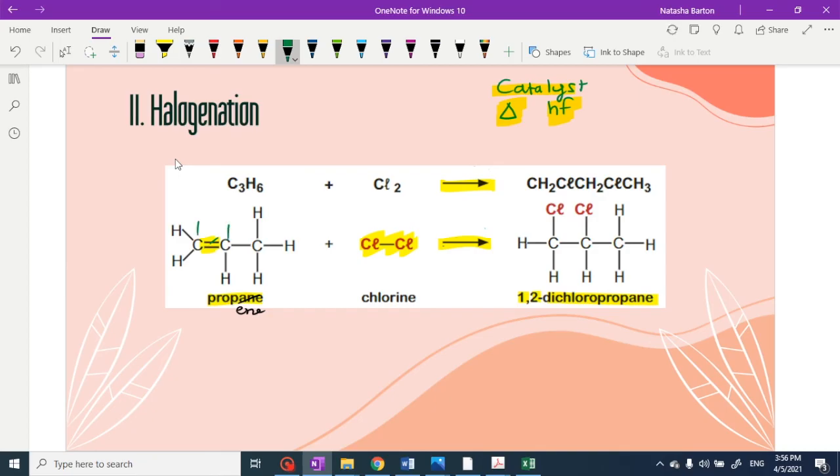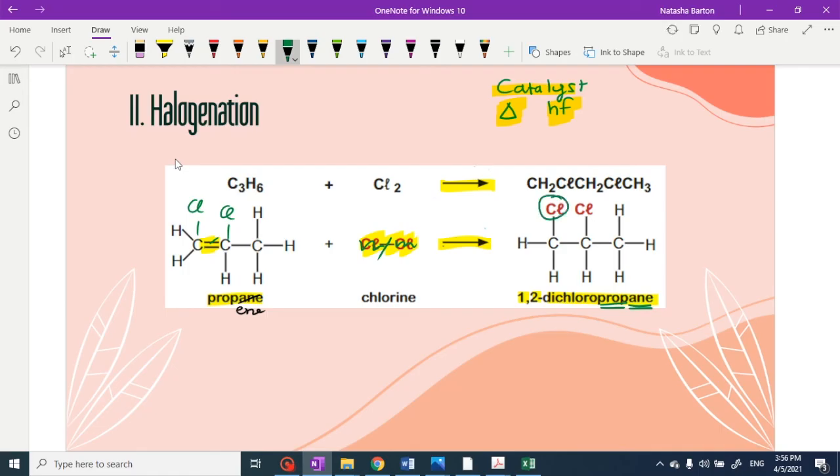We then have the bonds on each of our carbons available. Our chlorine bond breaks, one chlorine attaches here, and the other chlorine attaches on this side. So in the end, we have 1, 2, 3 carbons, prop, and it's ane, propane.